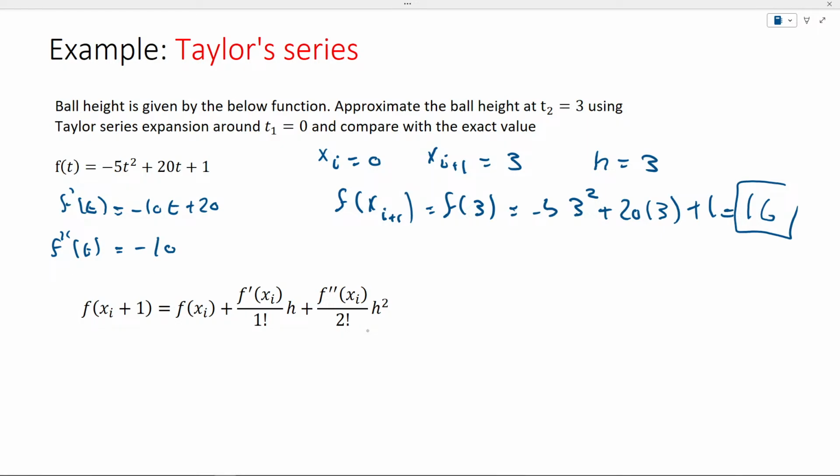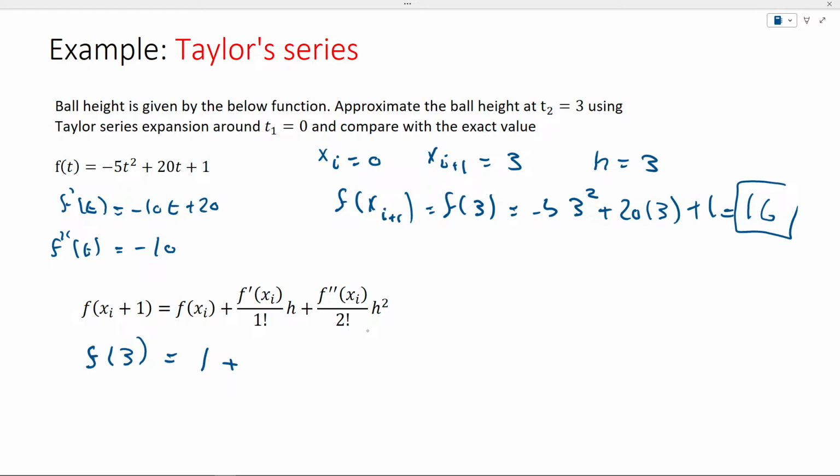So what is the approximate solution? The approximate solution is f of x_i plus 1, like f at 3, is f of x at 0. So basically I substitute 0 for t, so that term will go away, and I will get plus 1 here.